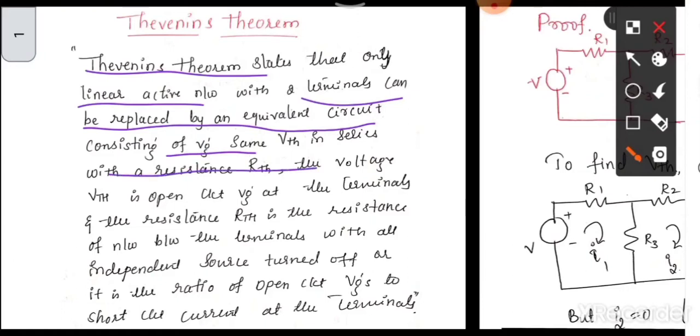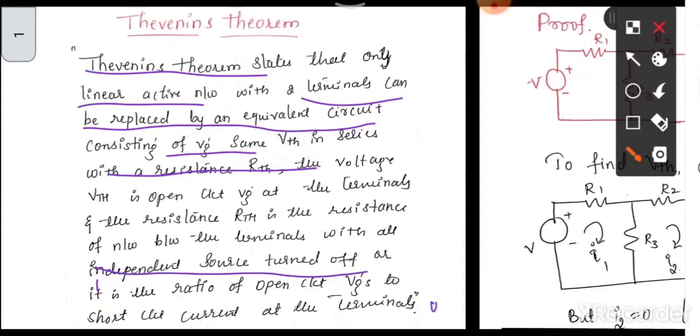The voltage source VTH is the open circuit voltage at the terminals, and the resistance RTH is the resistance of the network between the terminals with all independent sources turned off, or it is the ratio of open circuit voltage to the short circuit current at the terminals.